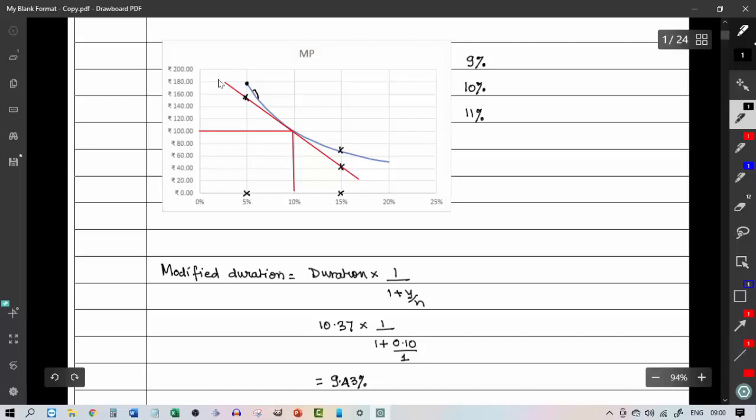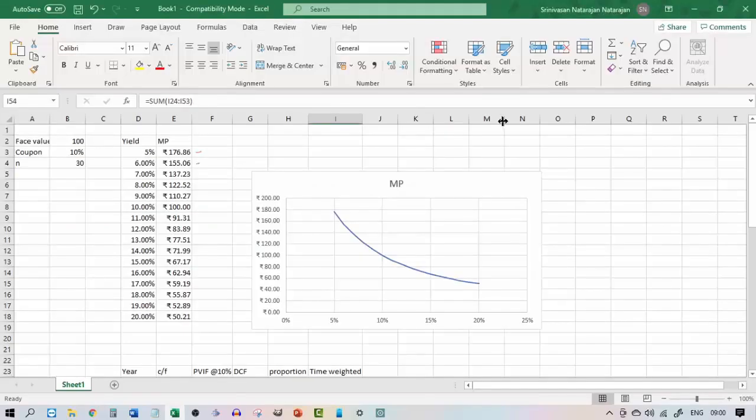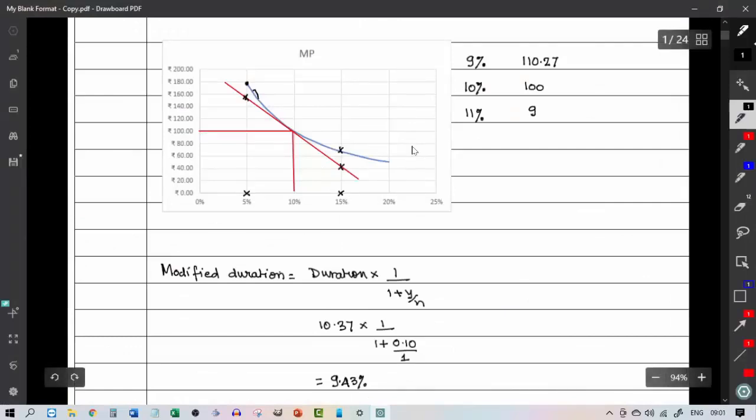At 10% we know that the price of the bond is par, and at 9% the price of the bond is 110.27, that is what we calculated in the Excel sheet, and at 11% it is 91.31. Now, if we presume this to be the mean value, we can say that this is V0, this is V minus, and this is V plus.